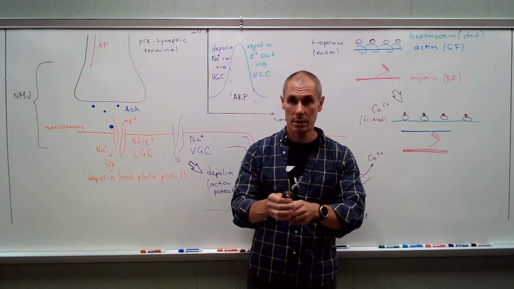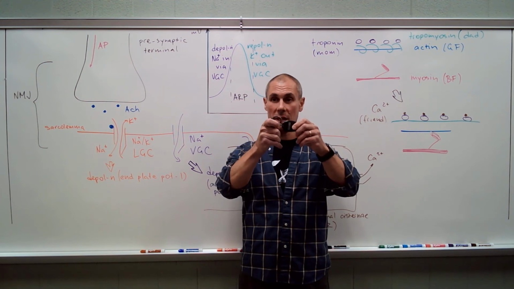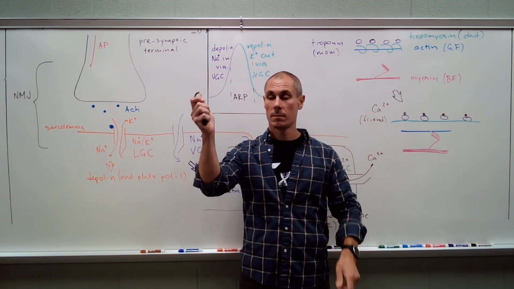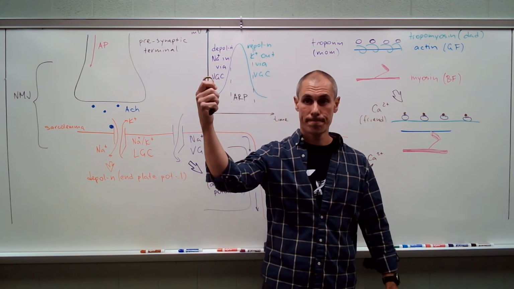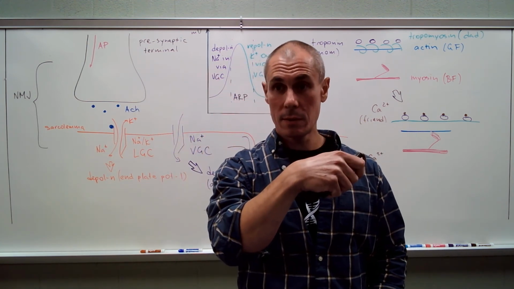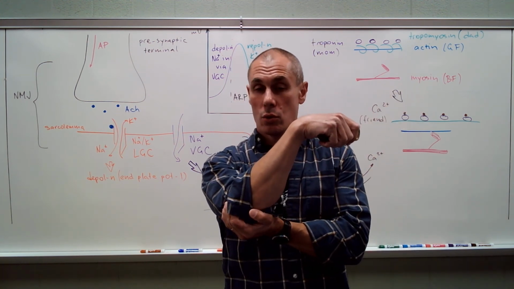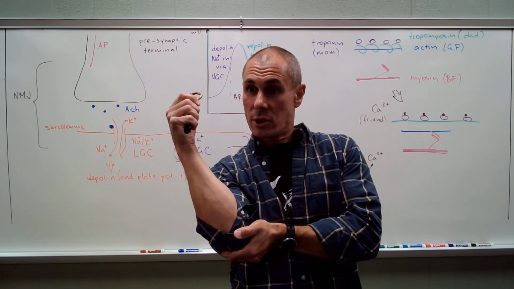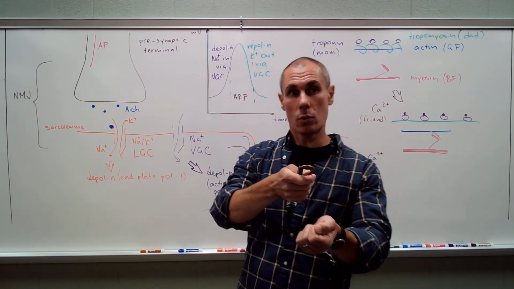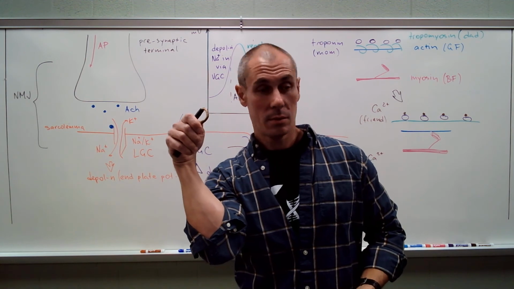So myosin head, check this out. The myosin head breaks down ATP. It's broken down. See that? When ATP is broken down, what is released? Energy. This energy is used to cock back the myosin head, like you cock back the trigger on a handgun. Does that make sense?